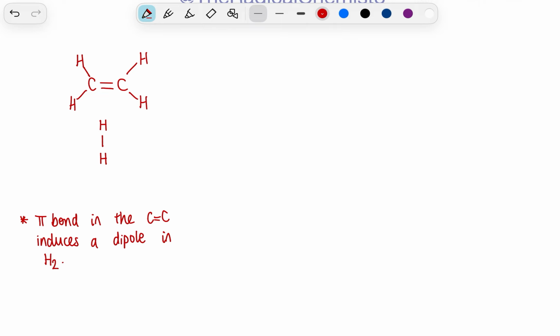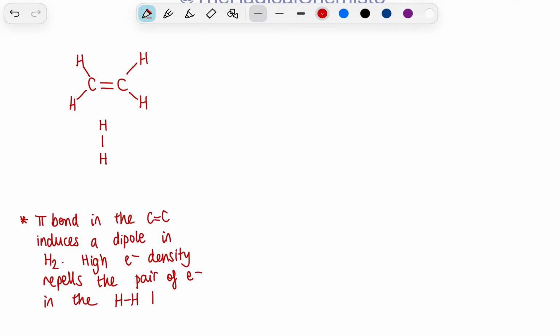So what you've got is the high electron density repels the pair of electrons in the H-H bond, and this negativity induces a polarity.